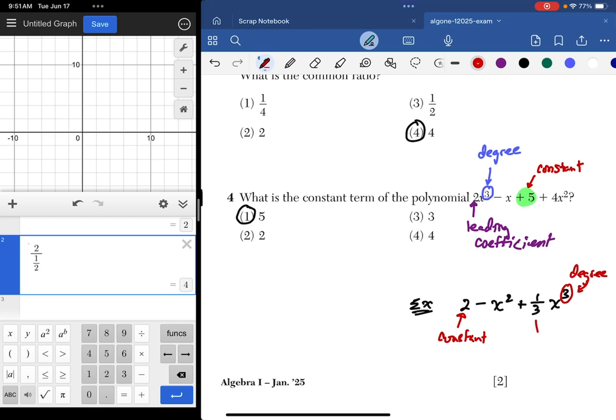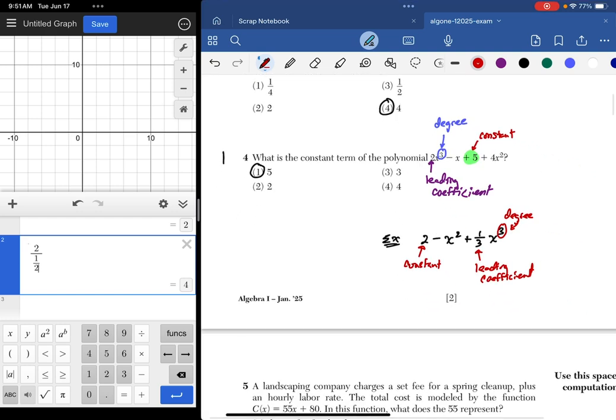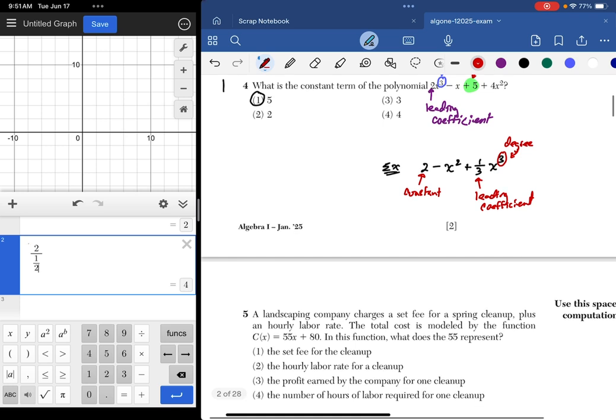And this is my leading coefficient. And you see how it's the last term, not the first term. All right. Doesn't necessarily have to be the last term either. It could be anywhere within the polynomial. It could be a middle term.